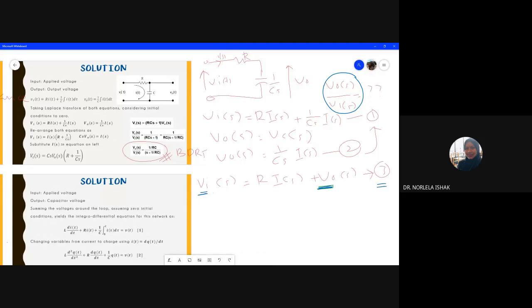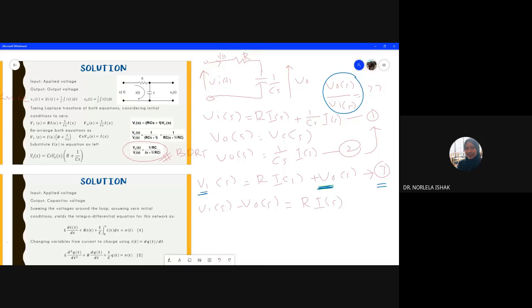Okay, so from equation number 3, I want to show you how to draw the block diagram. For equation number 3, we rearrange the equation to get Vi minus V naught equals R I(s).